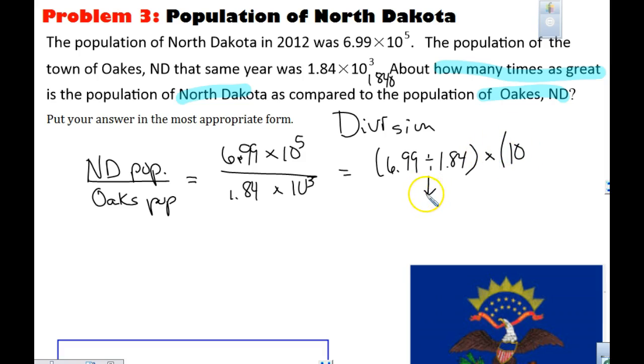Say it one more time. 3.79. Nice, it's in standard notation. Betsy, what are we doing with our exponents when we divide? Subtract, so I got 5 minus 5. Now if we are going to round this, do we want to go to 3.79 or 3.8? 3.8.